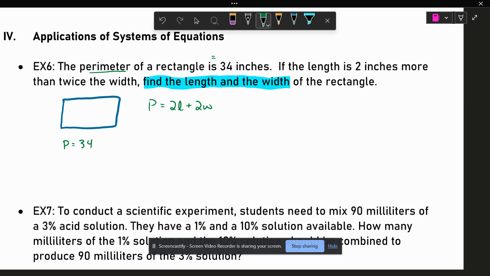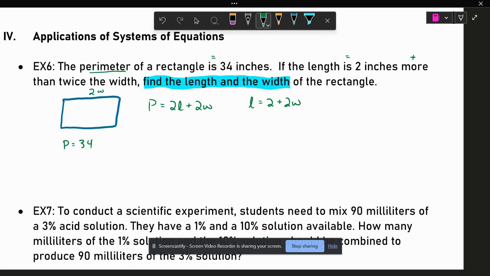And then it also says that the length is 2 inches more than twice the width. So if you look at some of the things that I've written up there, is means equals, more means adding, and twice the width means that we're going to multiply. So we've got our length equal to 2 more than twice the width.